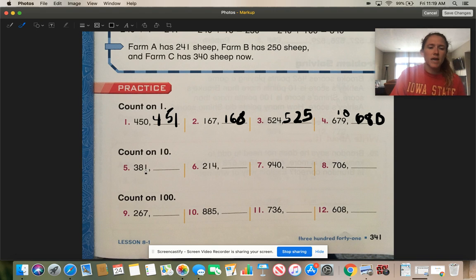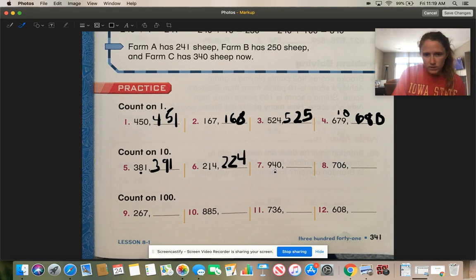So count on by 10. So now we're looking at the tens place, and this number just goes up by 1. So it would be 391. 214. So we look at the tens place, and that goes up by 1. So it would be 224.